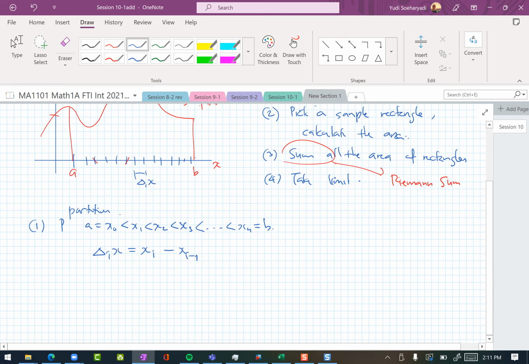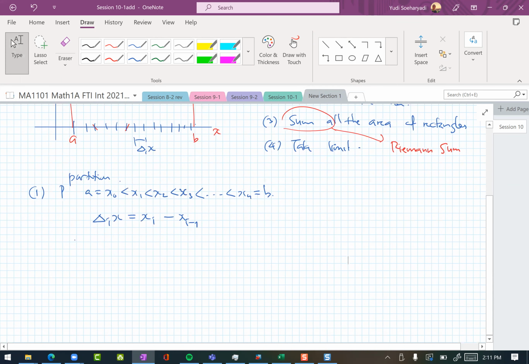For partitions, we know how to measure the size of a partition. The notation is the norm of P, just like the norm of a vector. It's defined as the maximum, the largest one, which will be our measure of the partition.